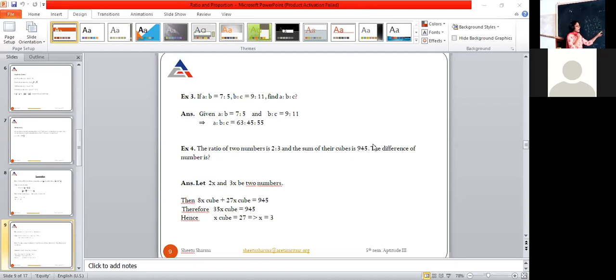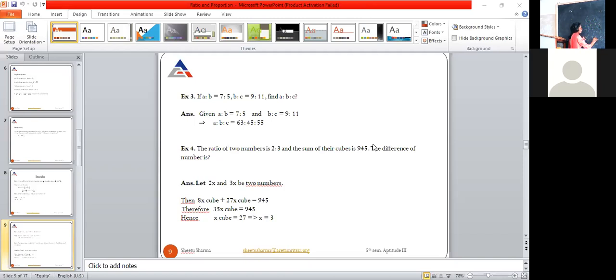Now we have to make this term the same. How can it be made the same? If we multiply the left-hand ratio with 9 and the right-hand ratio with 5, then these two terms will be the same. So 7 into 9 is 63, divided by 5 into 9 is 45.